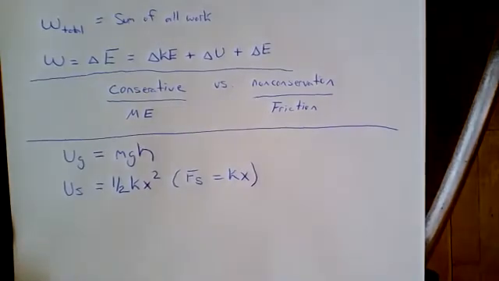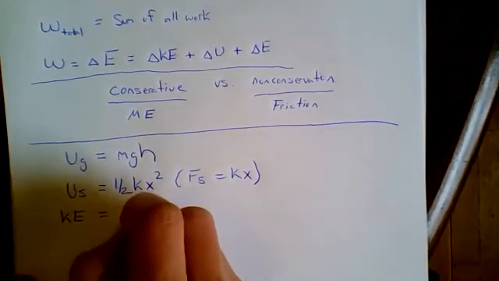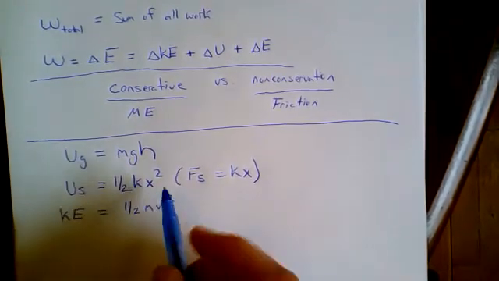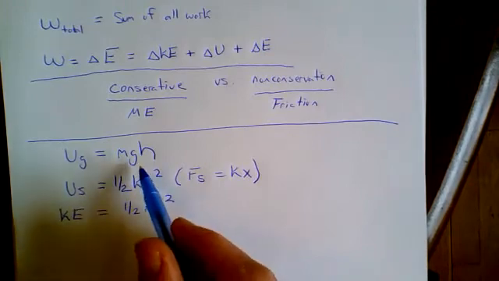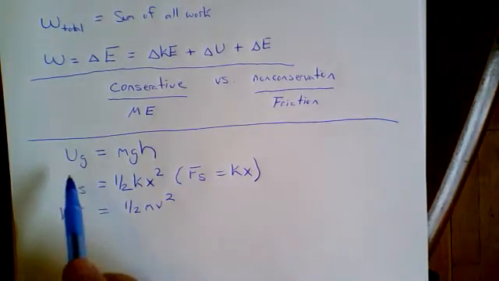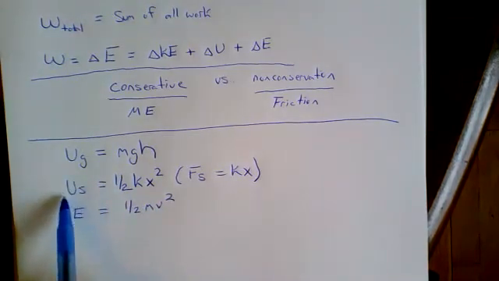So you have those two equations for springs. Kinetic energy equals 1/2 mv squared. Note that both of these are squared quantities, which removes any sign, because it's squared out, both in potential energy of a spring and kinetic energy.